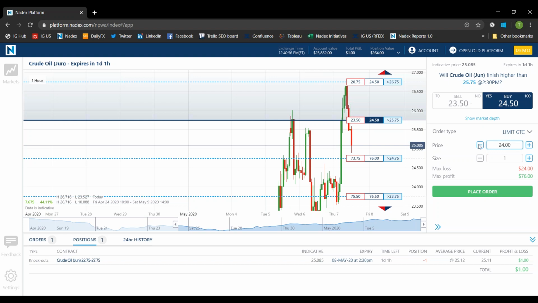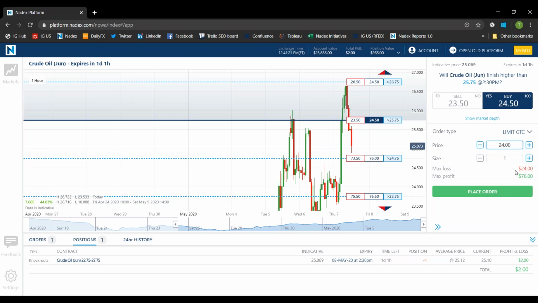Let's put 24 in my price ticket. If I thought oil was actually going to settle above 25.75 at the end of the day tomorrow, they're saying there's a 24% probability of that happening. How does that work? On a $100 contract, I am risking $24. That's the most I can lose.